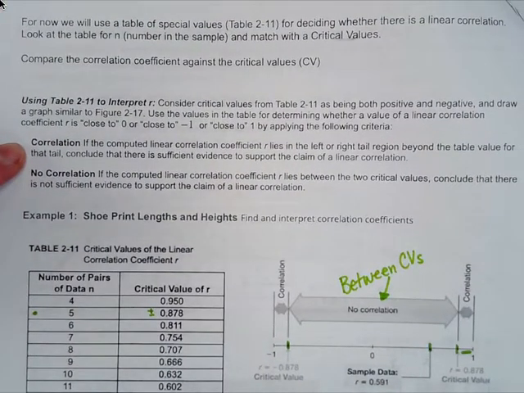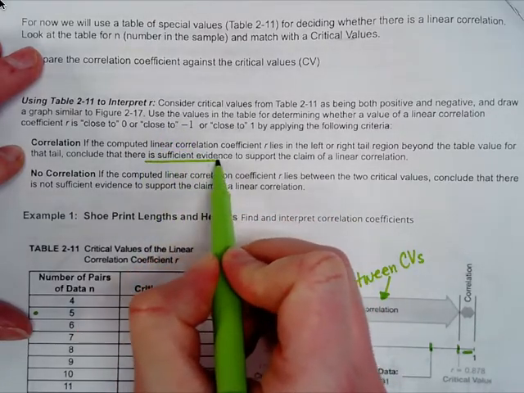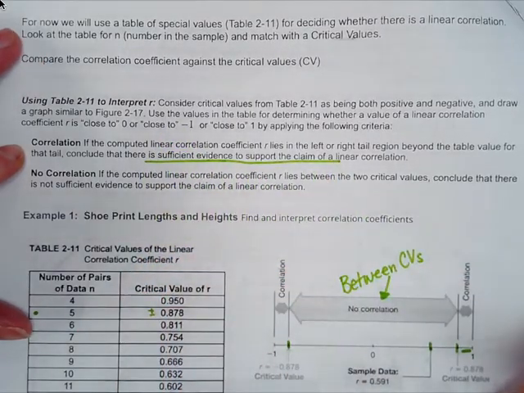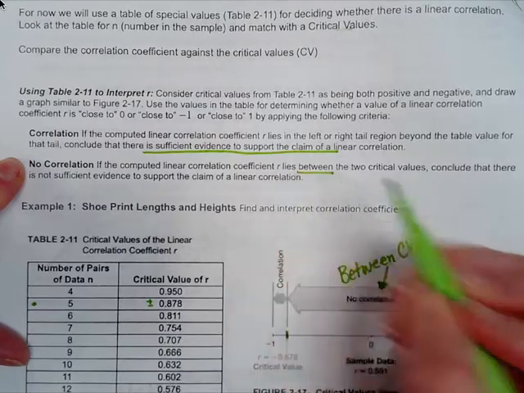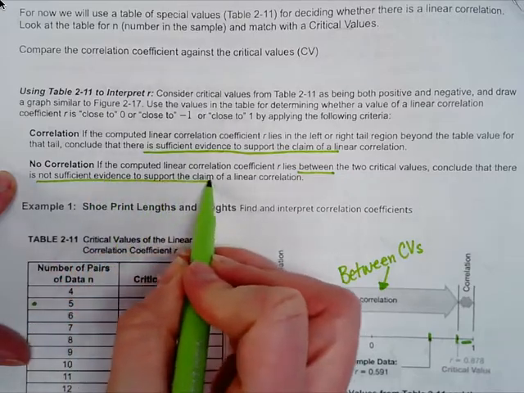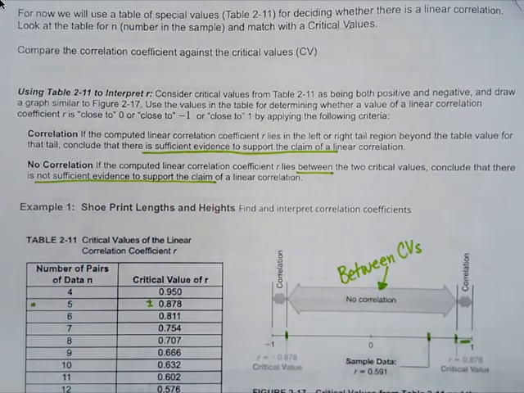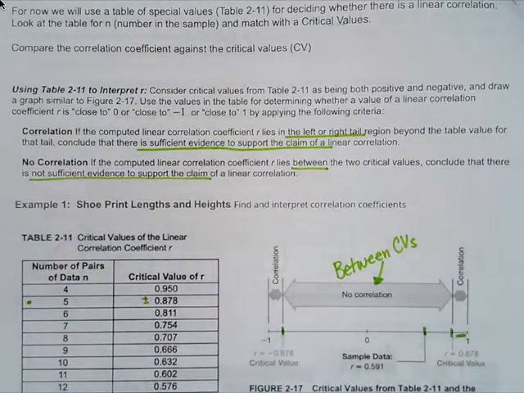Correlation: if the computed linear correlation coefficient lies in the right or left tail region beyond the table values for the tail, conclude that there is sufficient evidence to support the claim. And no correlation: if the computed linear correlation coefficient R lies between the two critical values, conclude that there is not sufficient evidence to support the claim of a linear correlation. So this was in the left or right tail, and then the other one was between.